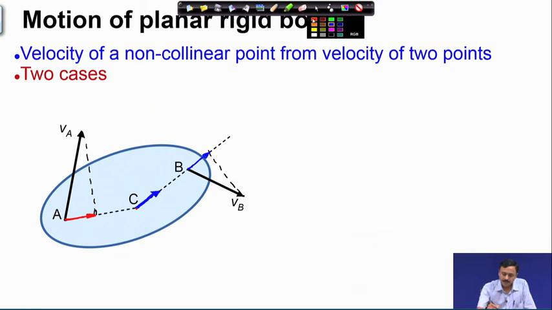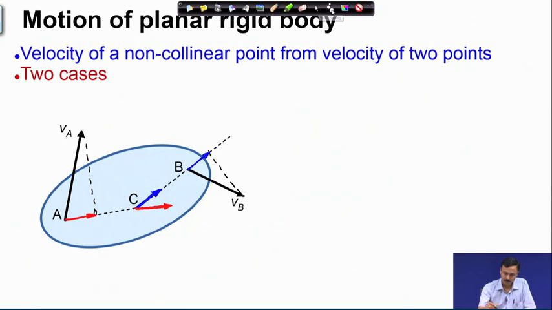Similarly, the velocity of point C in the direction AC must be this red vector. So, I have these two projection vectors.